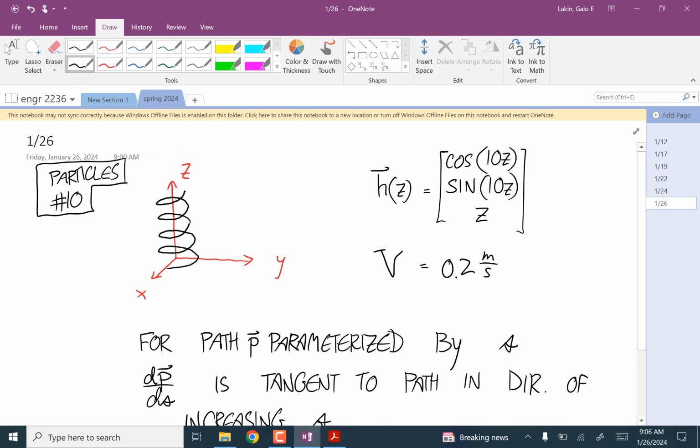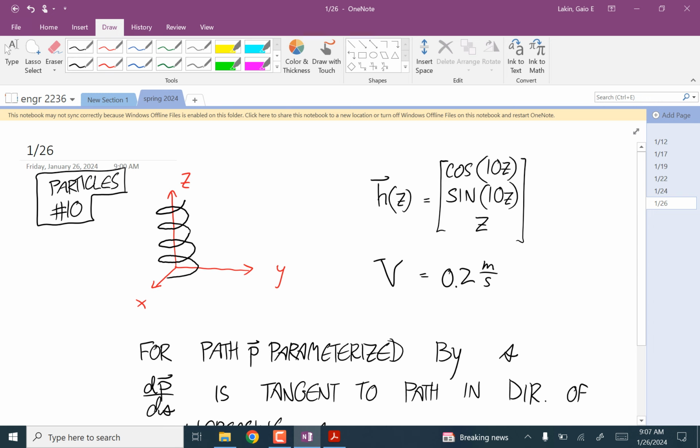So if we take dh/dz, it's going to give us a vector tangent to this path moving in the direction of increasing z, so a particle on the way up this helix. And if we take negative dh/dz, it'll give us something tangent to the path, but moving down the helix.